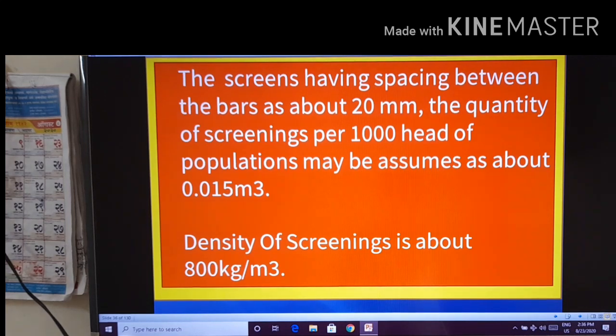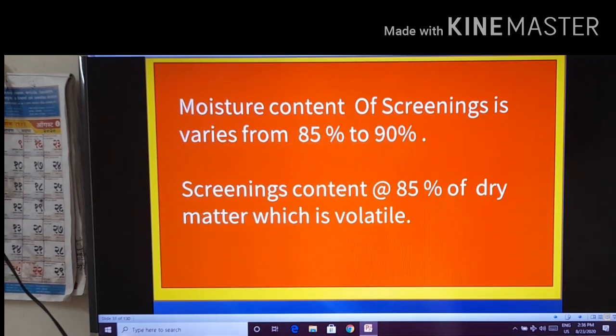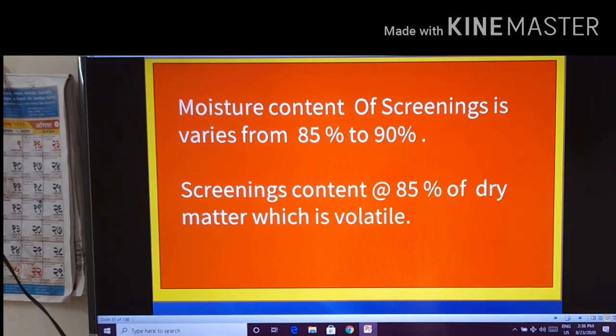The density of screenings is about 800 kg per meter cube. Moisture content of screenings varies from 85% to 90%. Screenings contain about 85% of dry matter which is volatile.